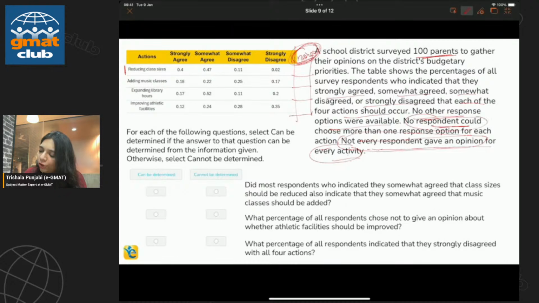No respondent could choose more than one response for each action. What inference can you draw from here? There is no overlap. In the last question we had seen that there was some sort of an overlap there, right? But here, because one respondent has chosen only one thing, there is no overlap. Okay, now this is what everyone has chosen.